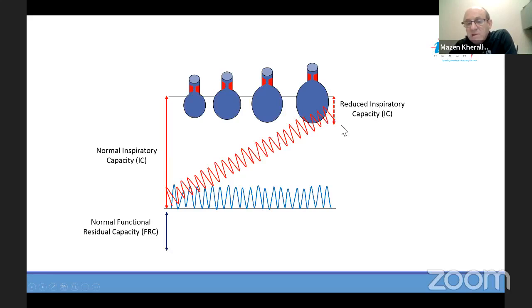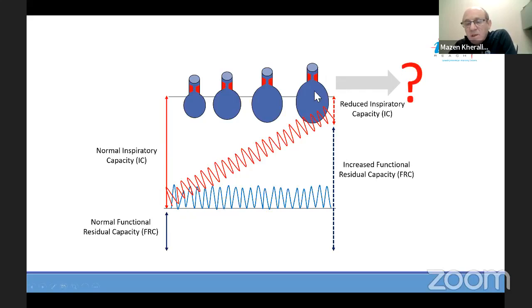Yes, you're still having the same tidal volume, but the capacity is decreased, and the functional residual capacity is increased. The question is, what happens next? Does that mean that this is going to keep inflating and then rupture? In reality, no. The dynamic hyperinflation stops at a certain point.